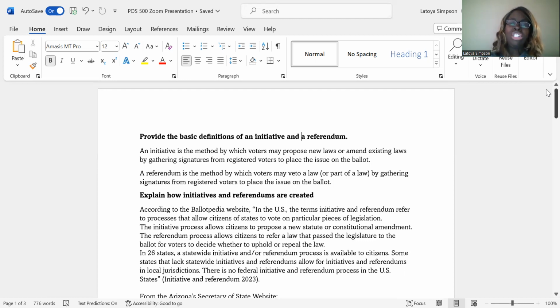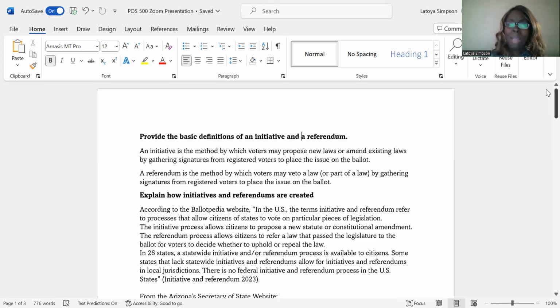Explain how initiatives and referendums are created. According to the Ballotpedia website, in the US, the terms initiative and referendum refer to processes that allow citizens of states to vote on particular pieces of legislation.